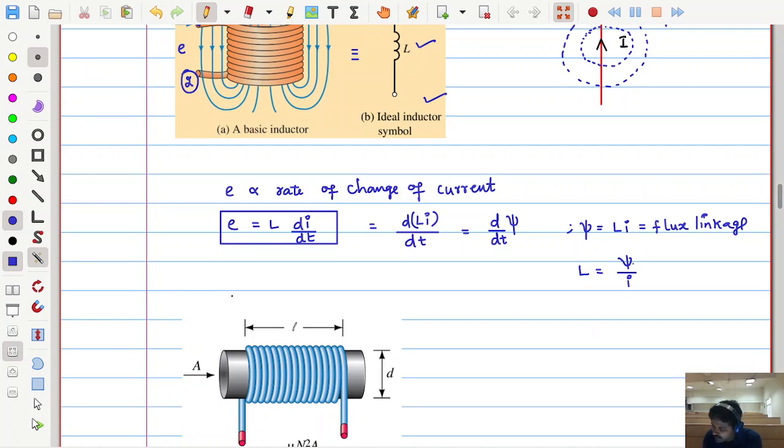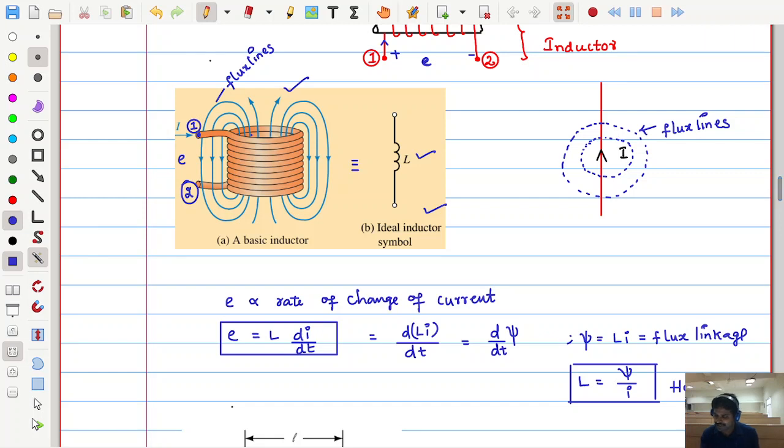That means the amount of flux developed per unit current. That is the inductance. The unit of inductance is the Henry, usually represented by the symbol H. So this is the basic definition of inductance. So what does the inductor do? Try to understand it in this way. It tries to oppose the change in current. What does the current do?